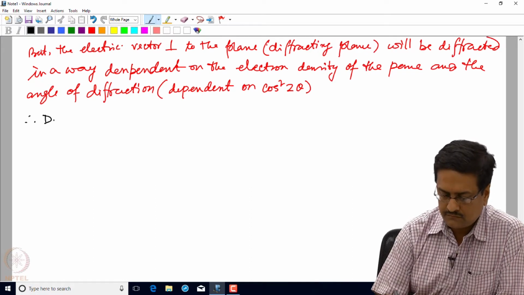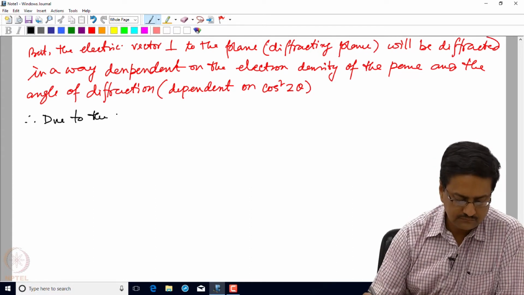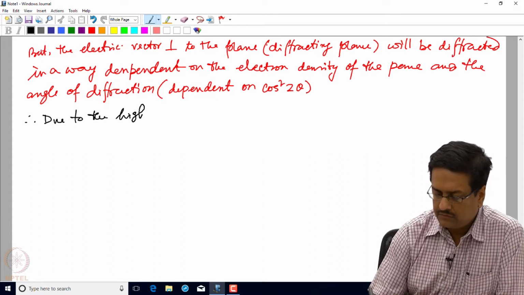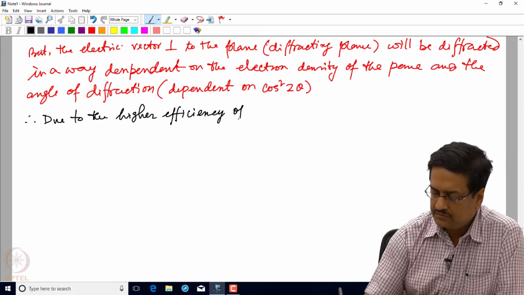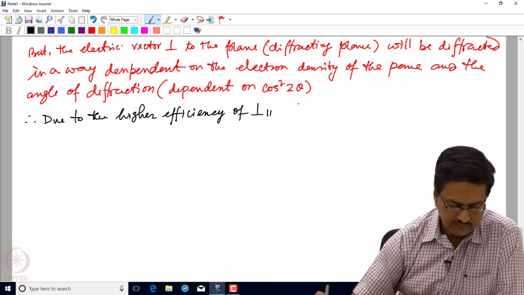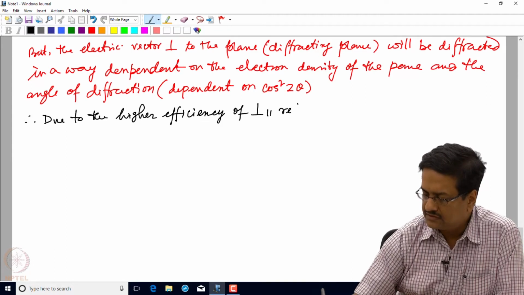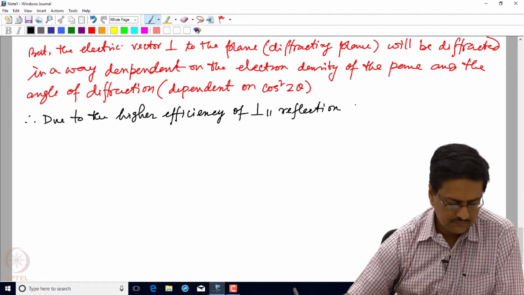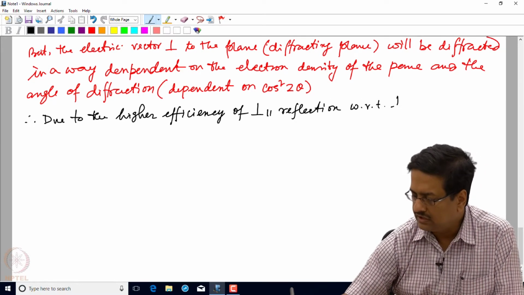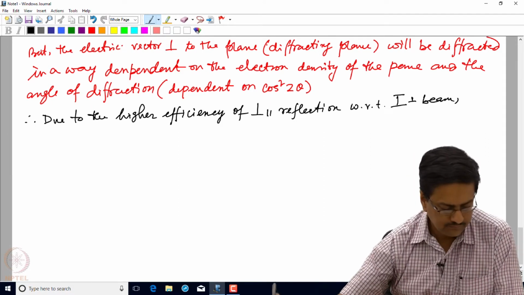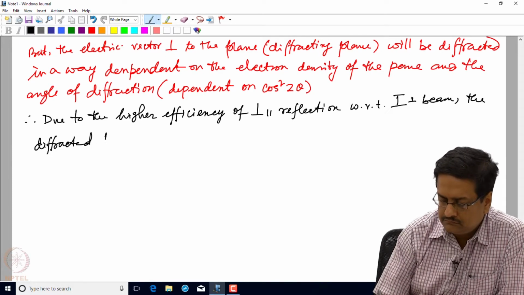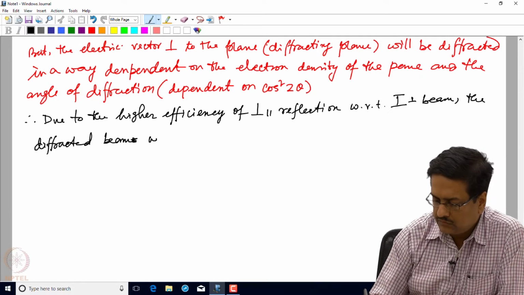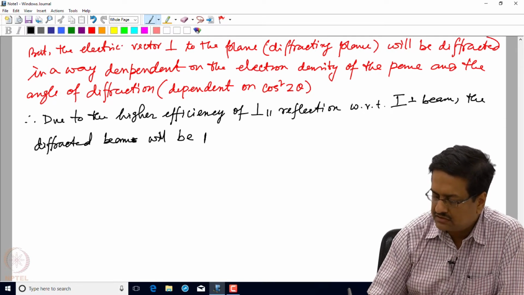Therefore, due to the higher efficiency of I parallel reflections with respect to the I perpendicular beam, the diffracted beam will be partially polarized.